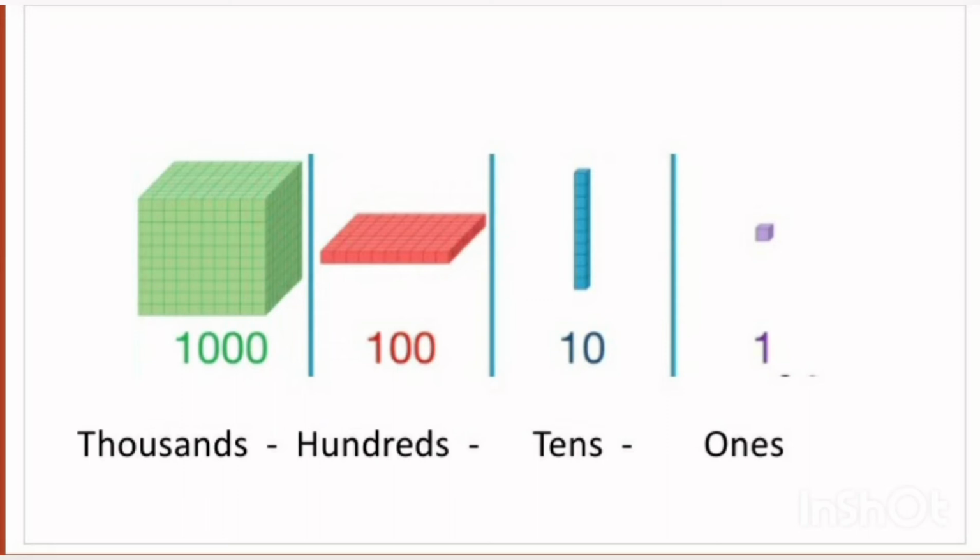Then in red color, 10 tens are combined together and you have a slab of hundreds. Now when you combine 10 hundred slabs, you get a cubical structure, shown here in green, that is 1000. Fine.